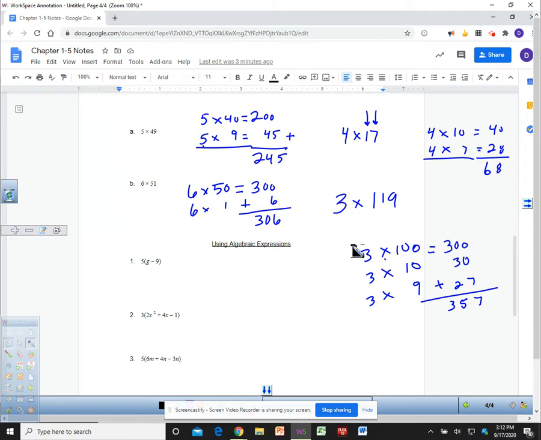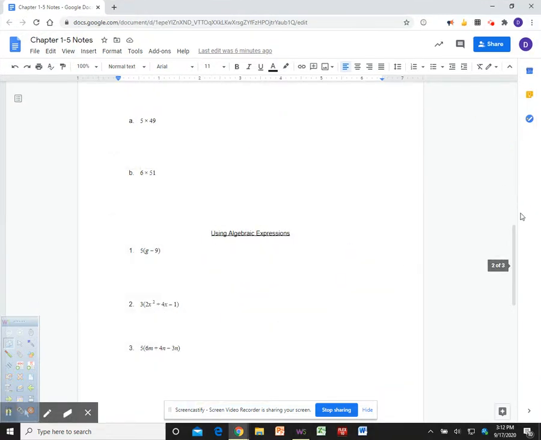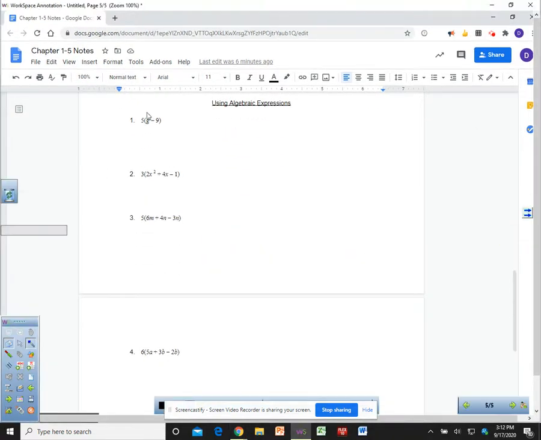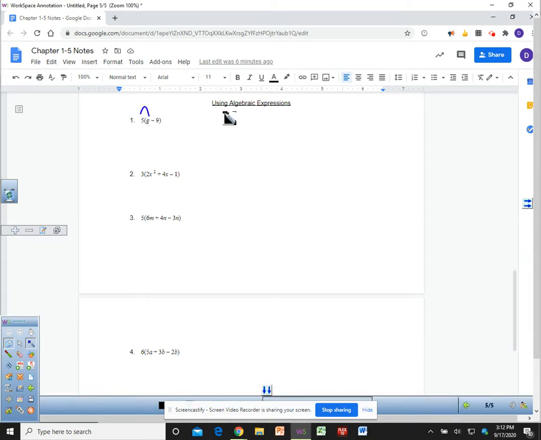Okay. Last thing we're going to talk about is distributing with variables. If we look at this first one, 5 times g. Well, 5 times g, I don't really get an answer out of, so that's just going to be 5g. Minus 5 times 9 is 45. Now, I can't combine these because there's a g here and there's no g here. So this is my answer.